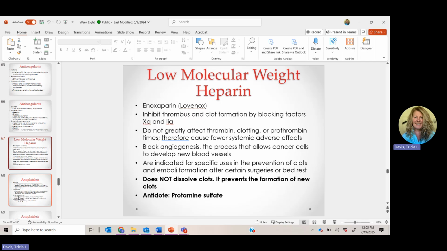If this patient comes in and they have blood clots in their lower extremities, we are not going to give Lovenox for the treatment of an active blood clot, okay? We call Lovenox low molecular weight heparin, but I don't want you to confuse it with heparin, okay? It's Lovenox. It does not dissolve clots. It prevents the formation of new clots. There is an antidote for this medication. You guys should know that. If we give them too much and thin the blood too much, we can give protamine sulfate.